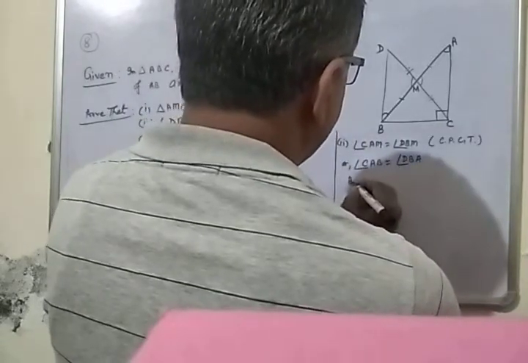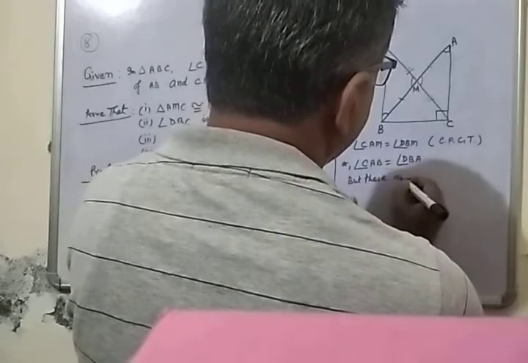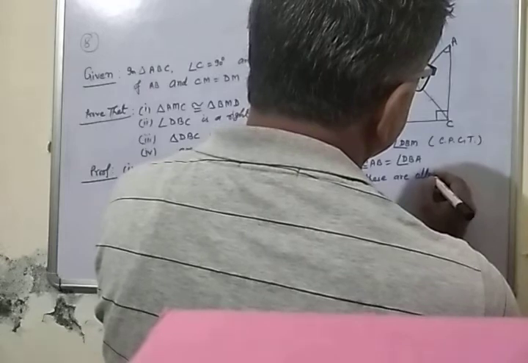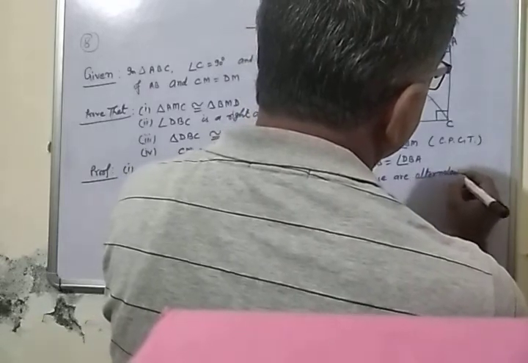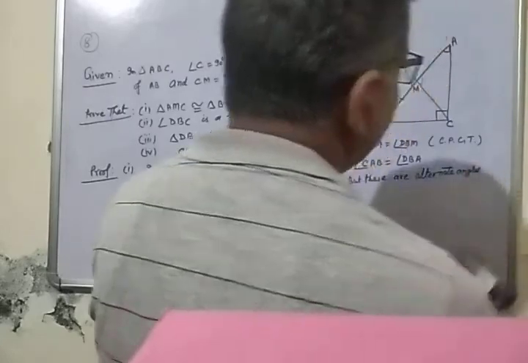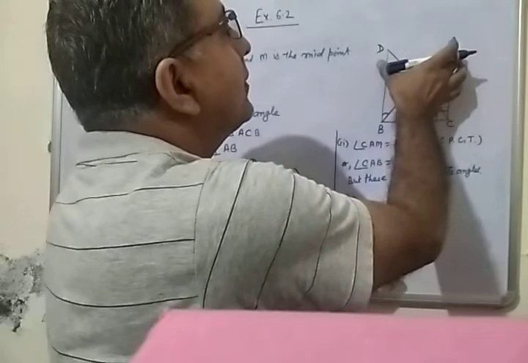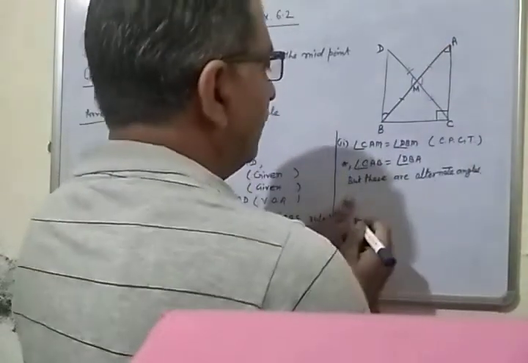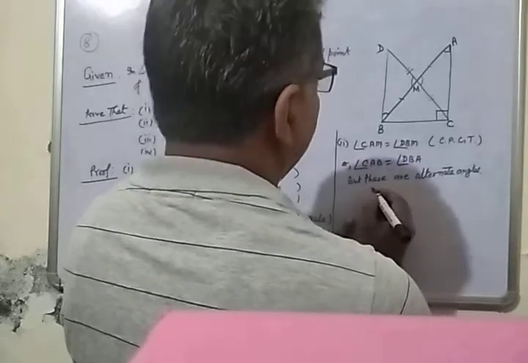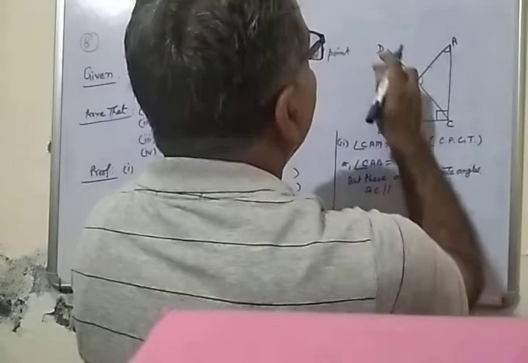These are alternate angles. We know if alternate angles are equal, then the lines will be parallel. Therefore, AC will be parallel to DB.